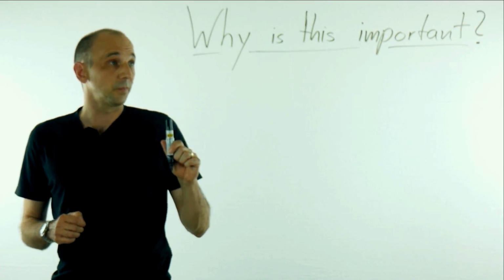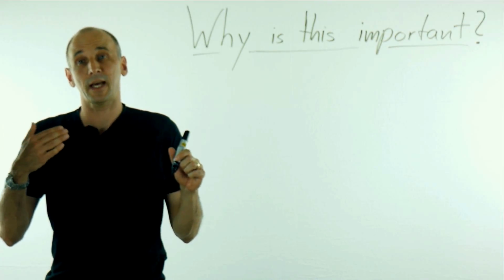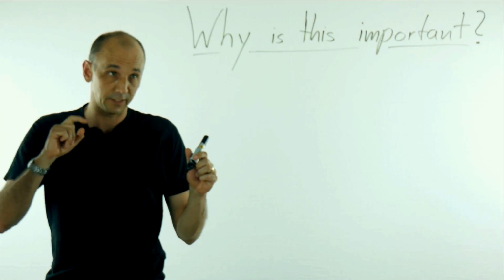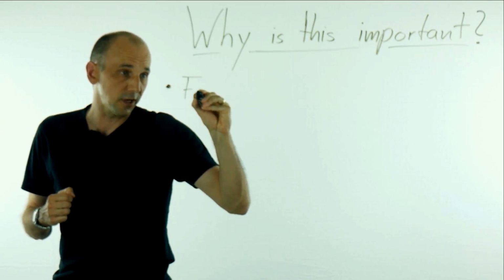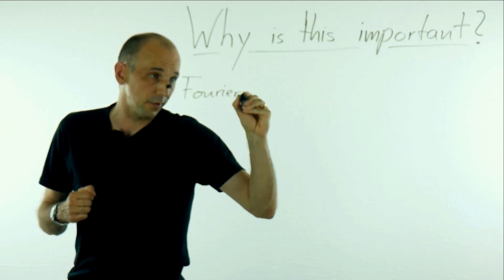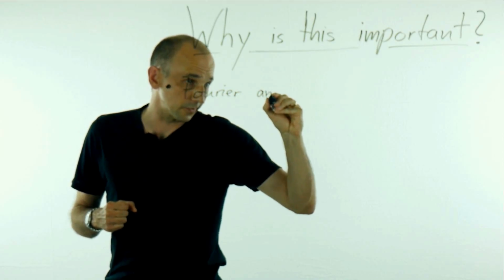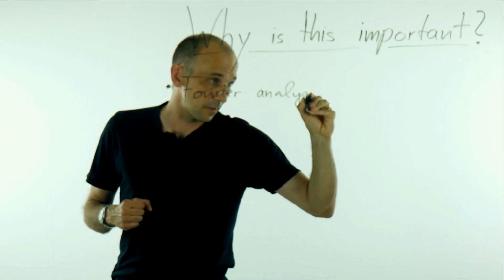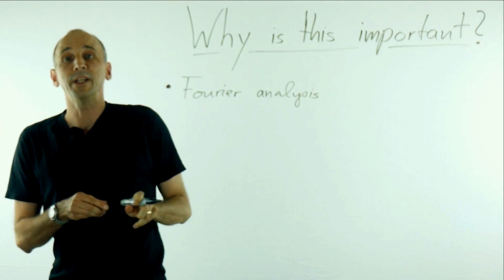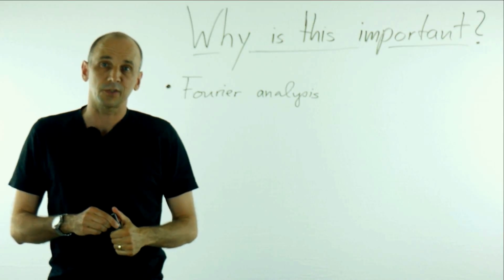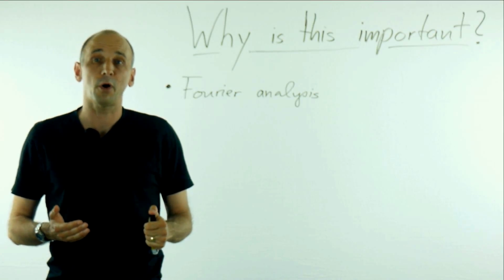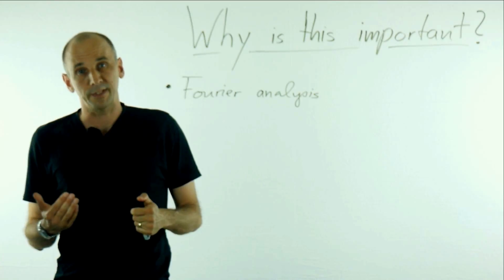Another part where eigenvalues and eigenvectors become important, and again the eigenfunctions, is the whole theory of the Fourier analysis. When you look at the eigenfunctions in the Fourier analysis, you may have heard already the term of the eigenfrequency.